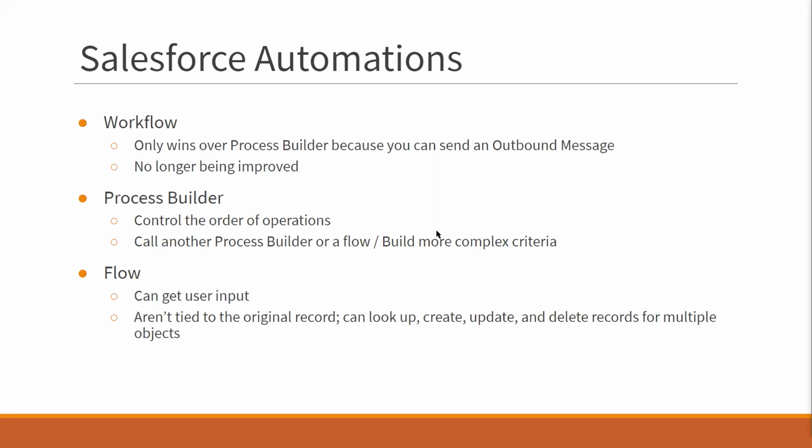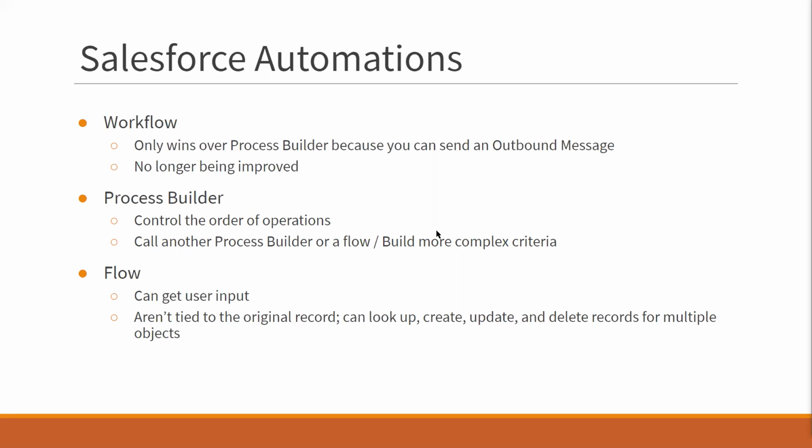The other great thing about Process Builder is that you can call another Process Builder, or you can even call a flow. You cannot call a flow with workflow. By the way, I do know that is very confusing having the word flow in both of those, but it is what it is.